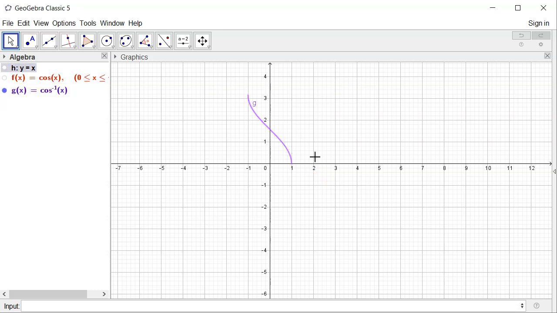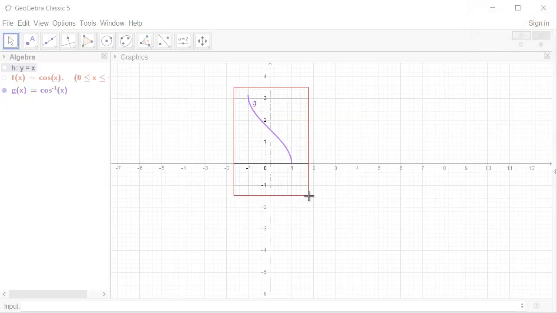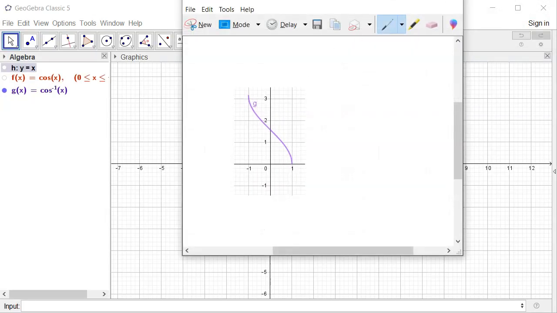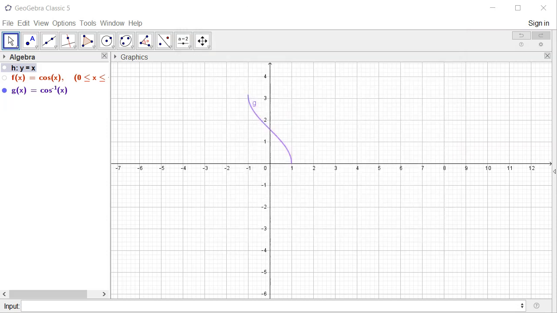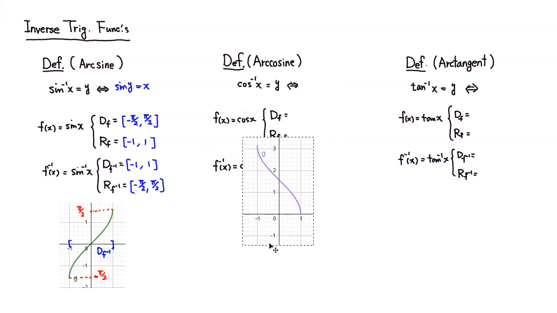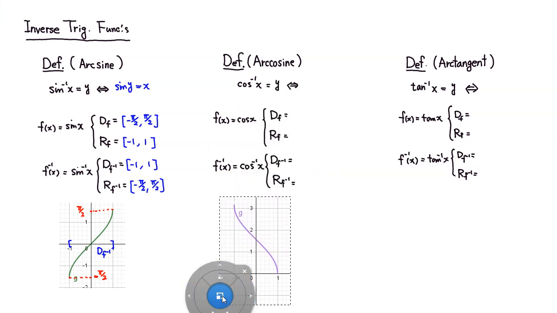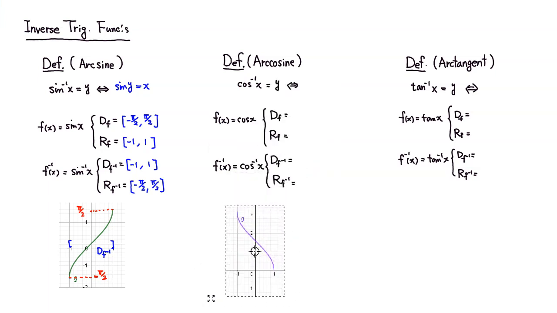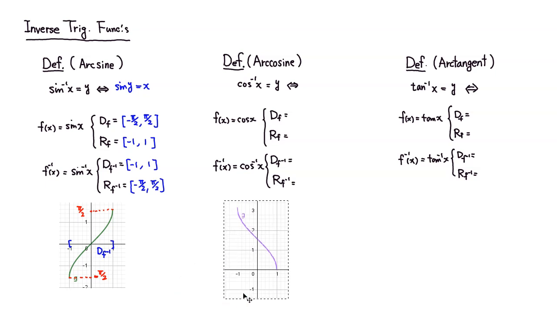So this is what the arc cosine looks like. I'm going to capture this, take a picture of that, and throw it in here. I might have to make it a little bit smaller so that it fits.